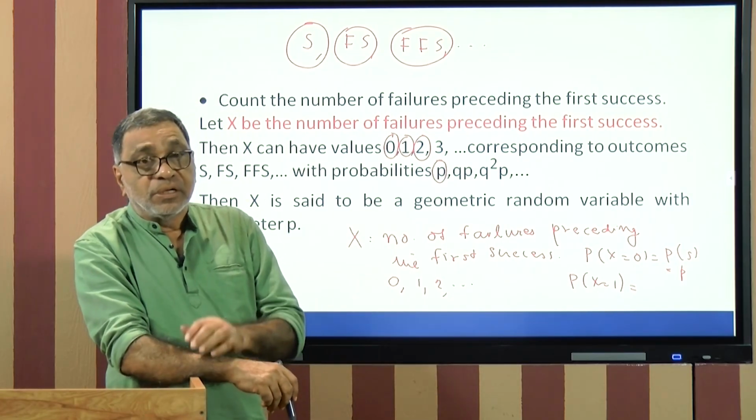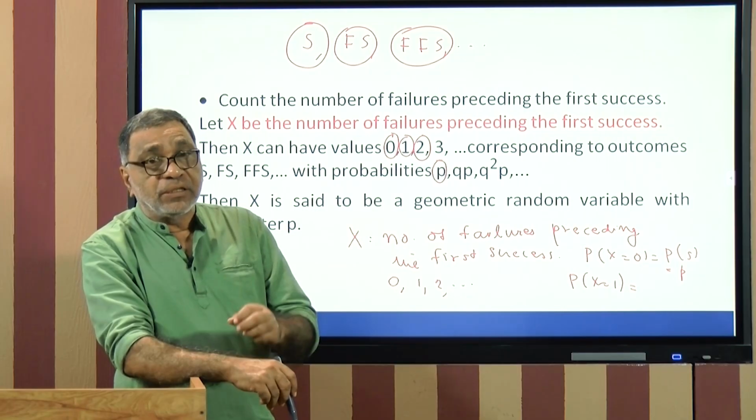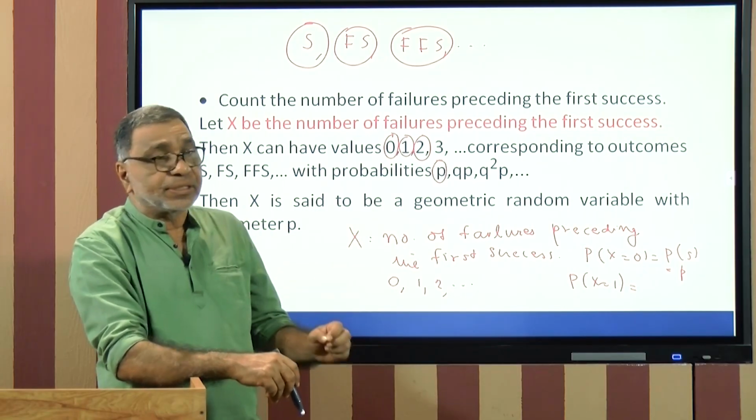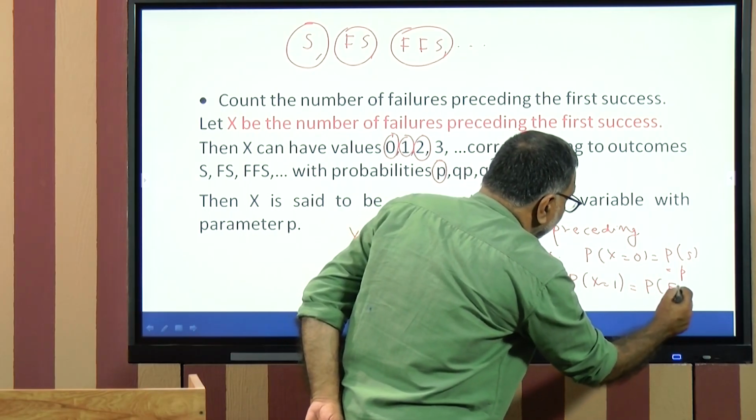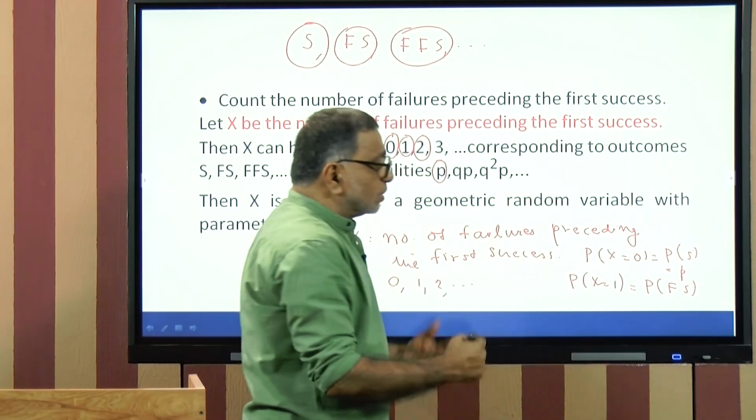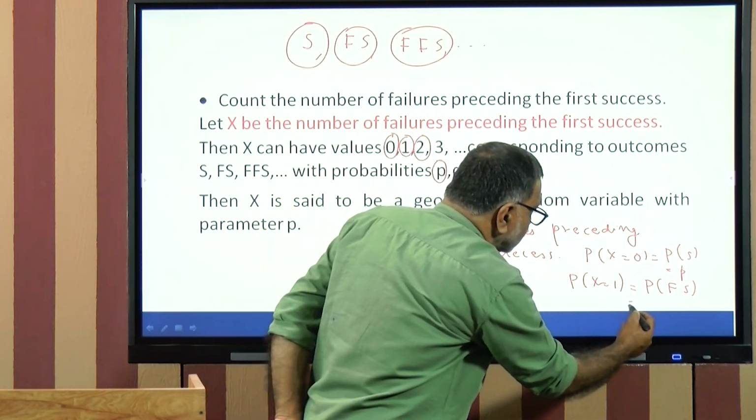It is the probability of getting one failure preceding the first success. So, the outcome is FS, and the trials are independent, so the value is equal to QP.